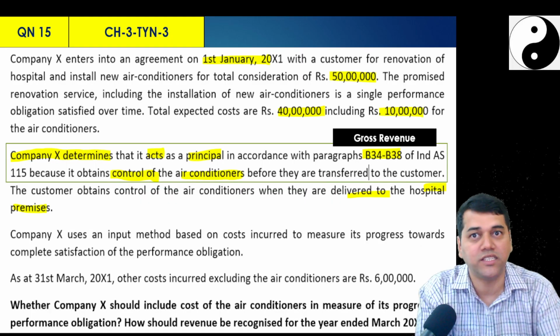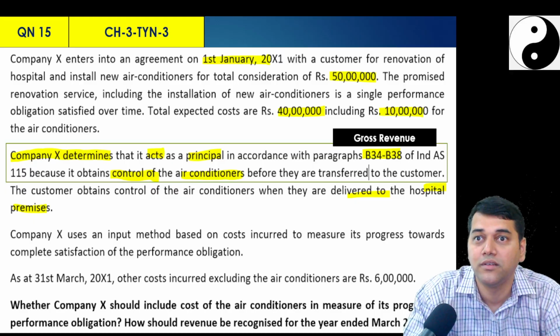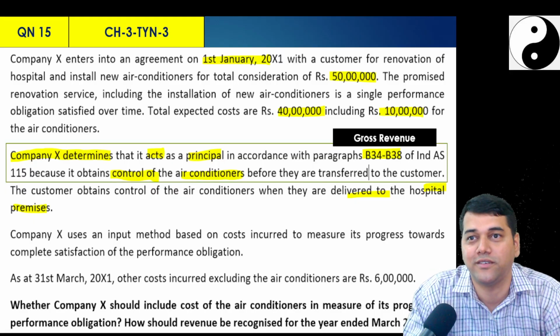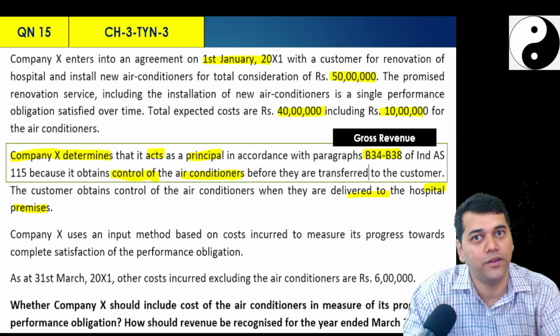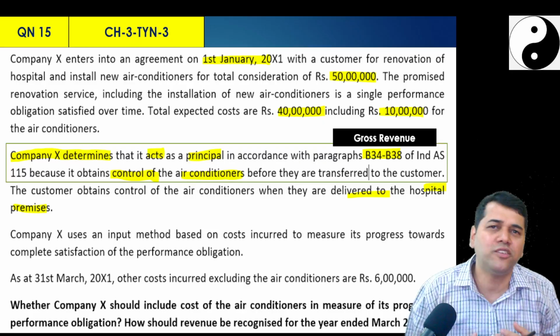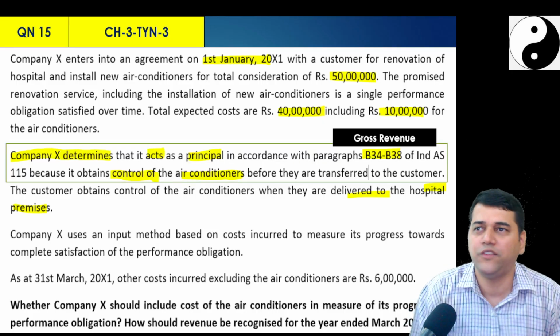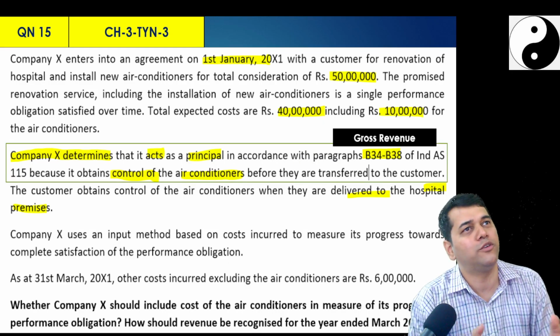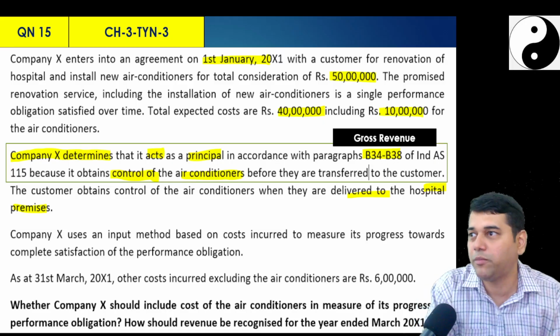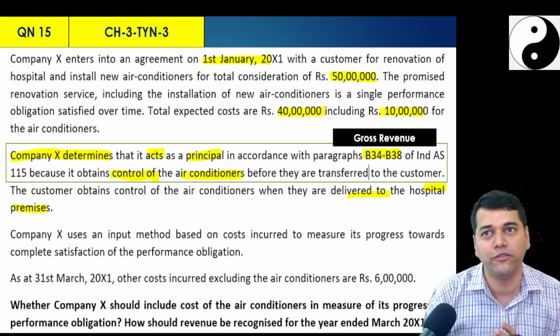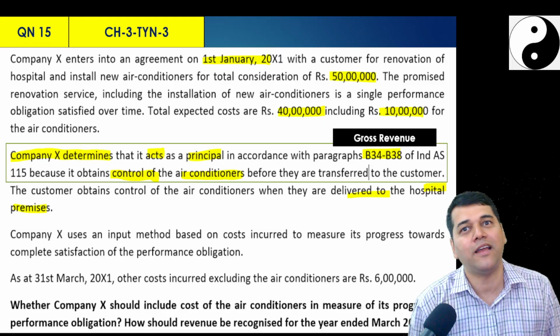They look like an agent, but they may act like a principal. For this, there are certain conditions to be tested. I told you, story after story. If those conditions are fulfilled, we will treat them as such. Because today it is not at their wish. If it were left to their wish, what do you think, would they be a principal or agent? Then depending upon the taxation implication, depending upon accounting profits, what I need to show to the investors and all, I would say this time I want to be a principal.